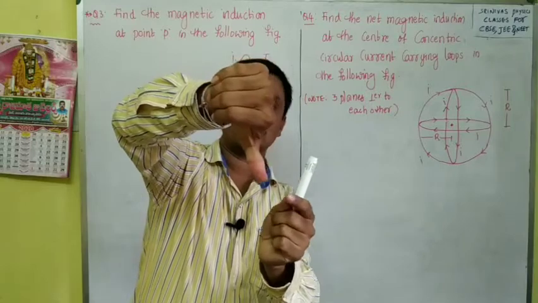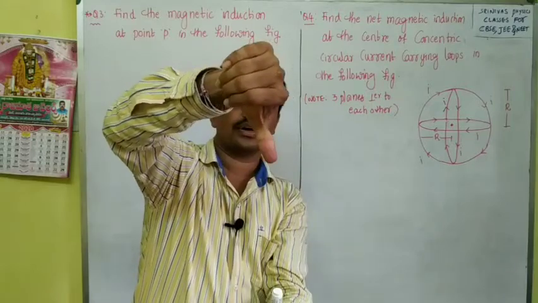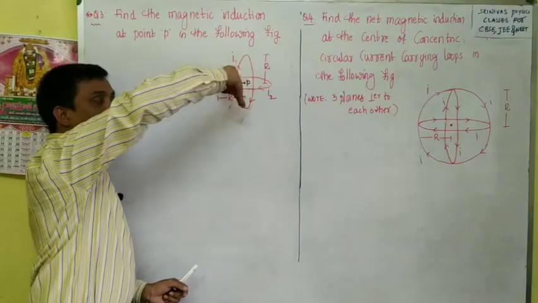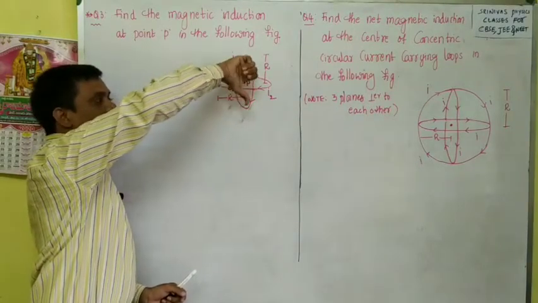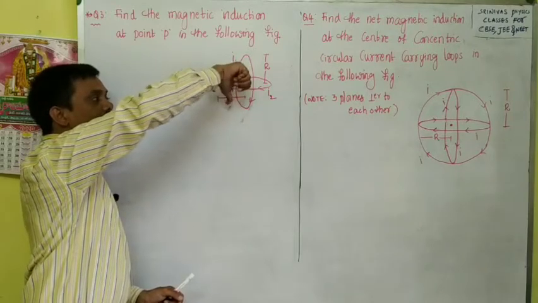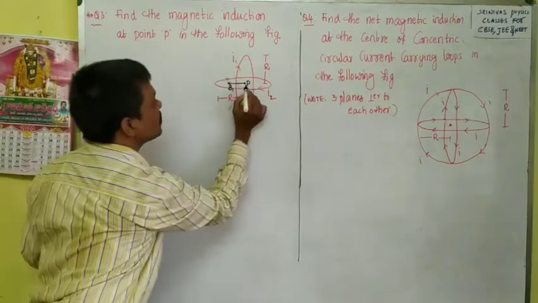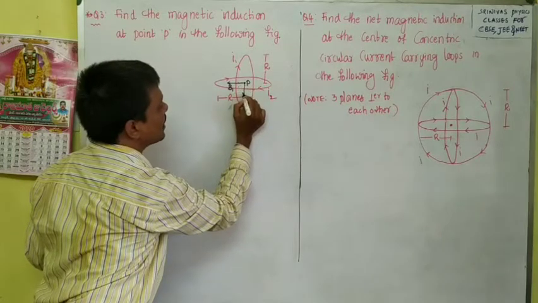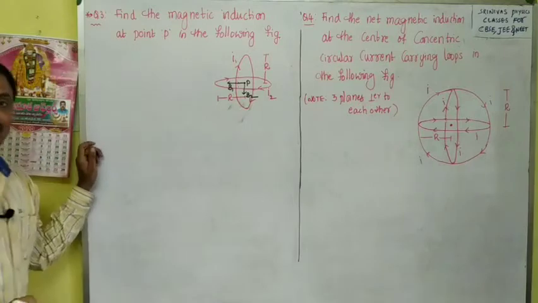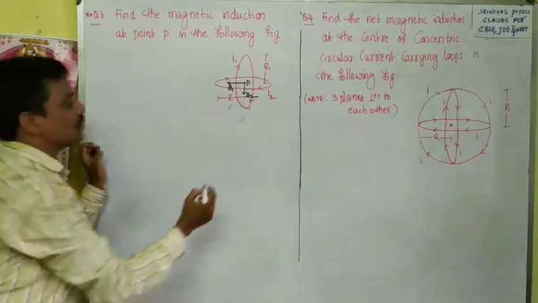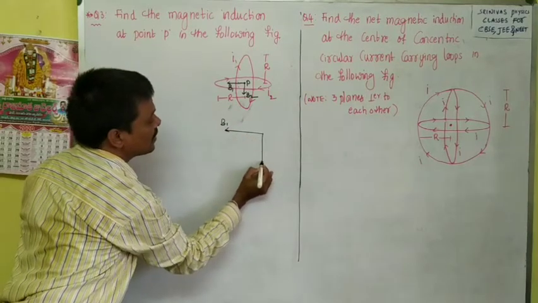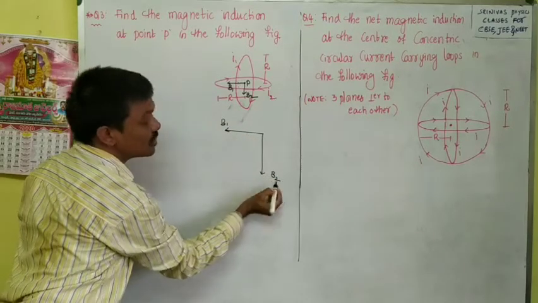Here the current is in the anti-clockwise direction, then the thumb shows downward. The field is downward due to the horizontal plane. That is B2. Then we have to find the net field. One is like this, field B1, and the other is like this, field B2.